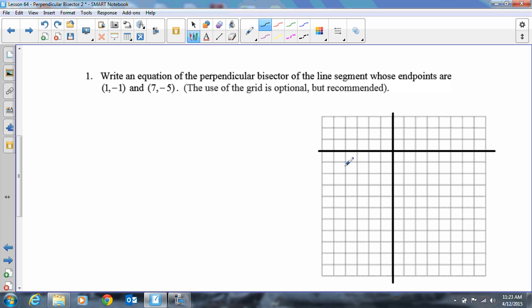Go ahead and draw your lines on your graph, your x-axis and your y-axis, and plot your points. And then use a ruler to connect them.